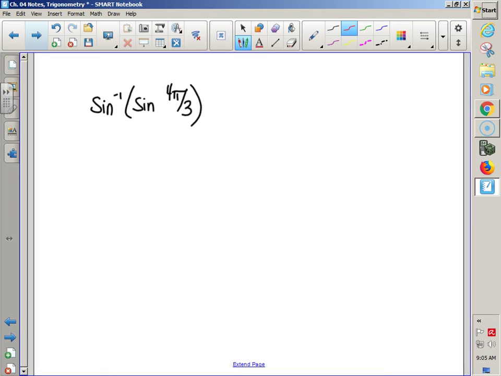Show me that you really know what's going on, before we totally move away from this whole regular trig with inverse trig with regular trig. Check in your groups, do they agree?